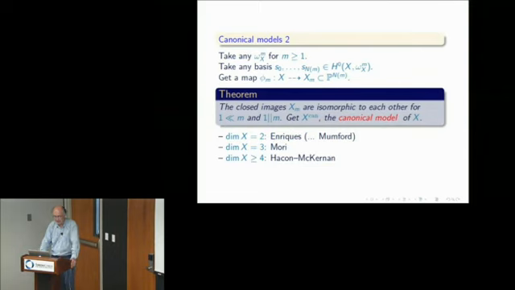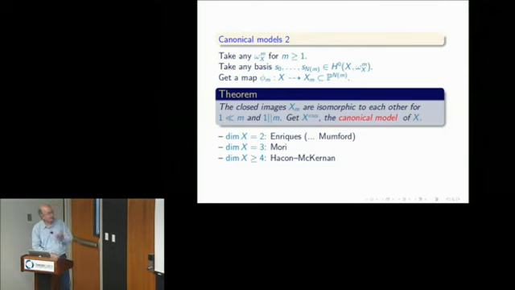Okay? And so now, once you have this line bundle, we can take its powers, and for each power I can take a basis of the space of sections, and this maps the variety into some projective space whose dimension is increasing very fast.